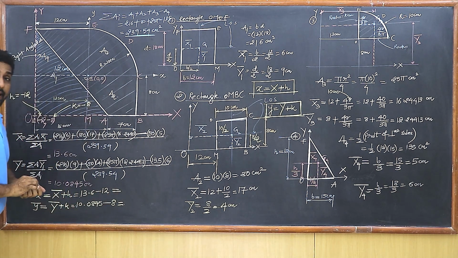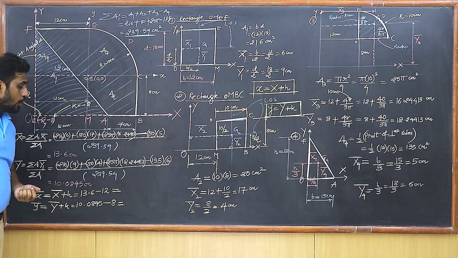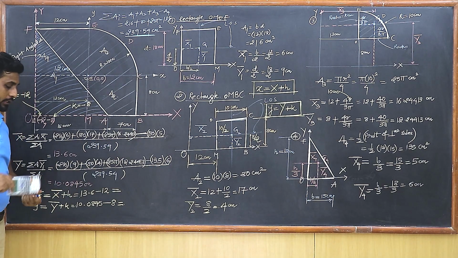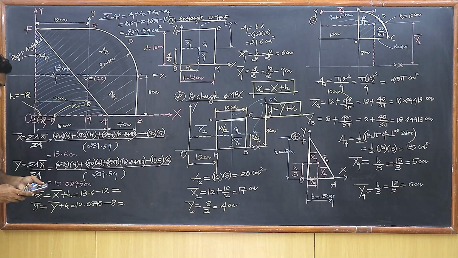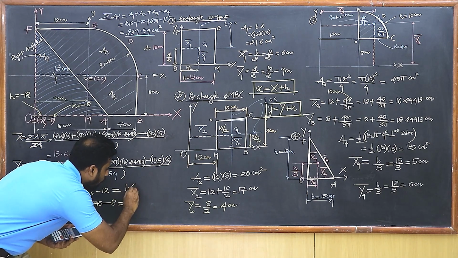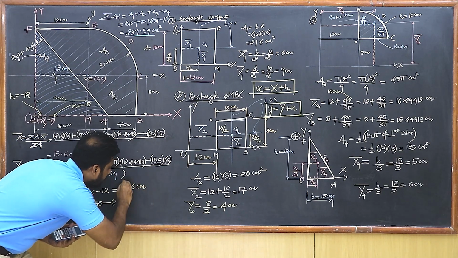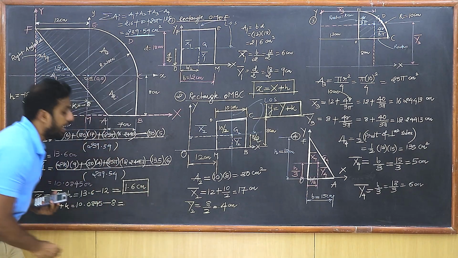So let's again make use of a calculator to avoid any kind of mistakes. So students, I want to do 13.6 minus 12. It is going to be 1.6 obviously, isn't it? So I'm going to write here the answer as 1.6 centimeters. That's my answer for x bar.